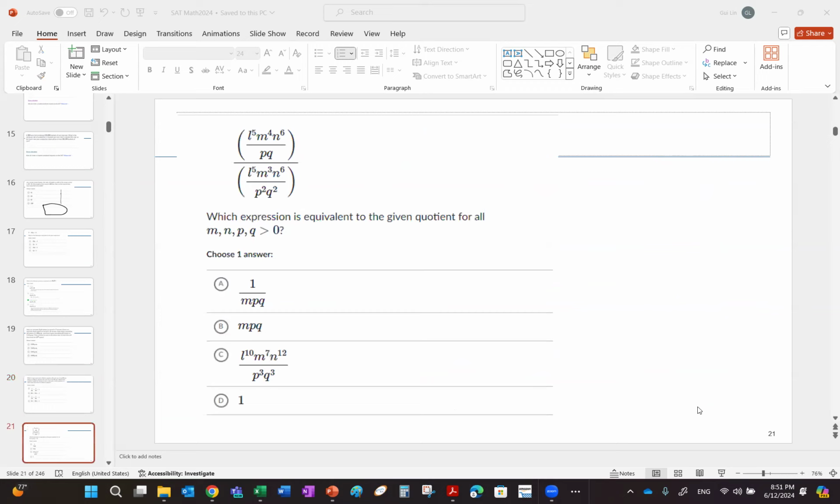All right, so this one goes back to algebraic terms and operations again, right? So this is a rational expression and complex rational expression. You can see this part of the expression, actually, this is the big one, right? This is the numerator, this is the denominator, and each part has a fraction again.